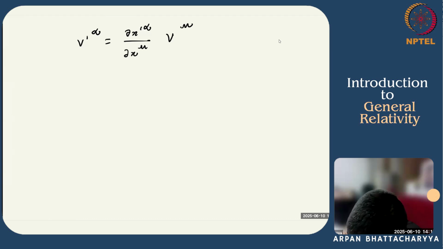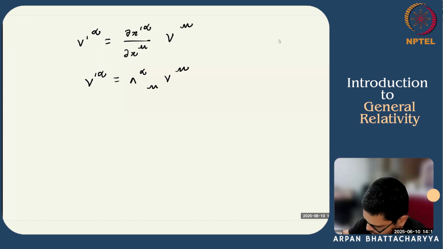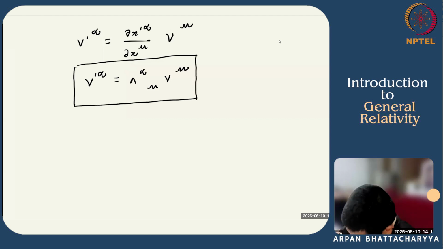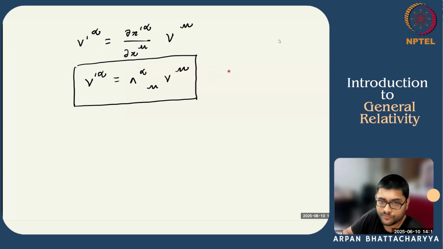You will get this. Then we can identify this is nothing but the Lorentz transformation, lambda alpha mu times e mu, and this is the defining relation for the vector, that is, these are the quantities whose components transform by this equation under Lorentz transformation.